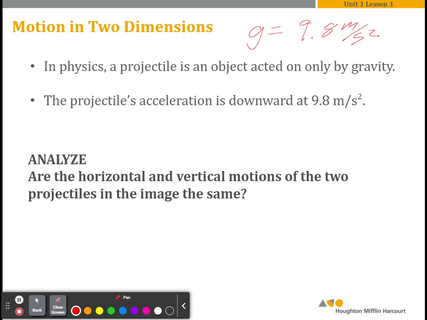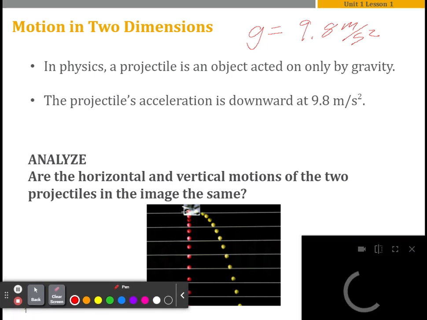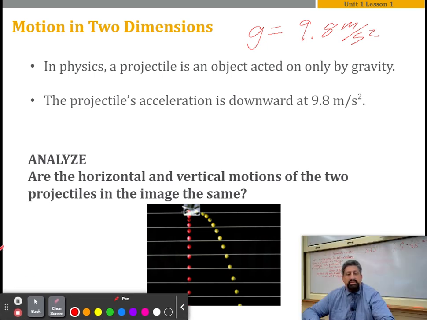Now we're going to look at some projectiles, particularly these two in this image, and we're going to analyze this and ask, are the horizontal and vertical motions of the two projectiles the same? Well, let's enlarge this.